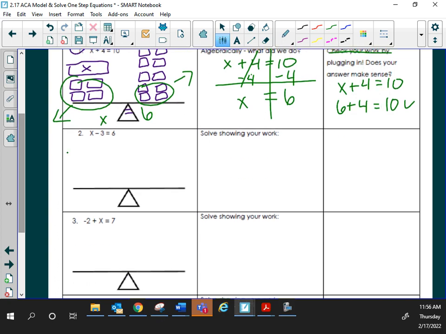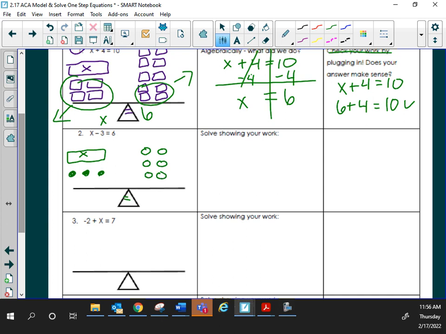X minus 3. I'm starting with an x. And then how do I do minus 3? Negative 3: negatives, 1, 2, 3. On the other side, it equals 6, so that's going to be 6 positives.